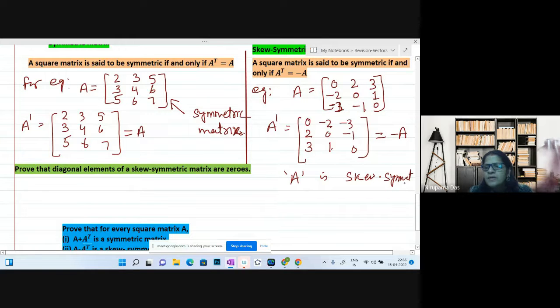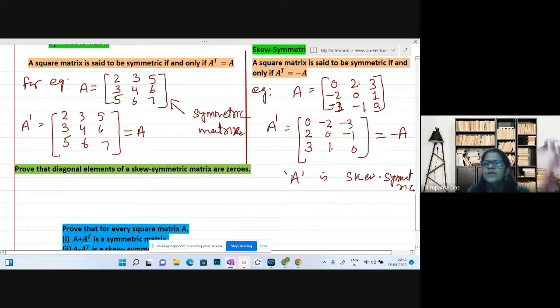So a square matrix is skew-symmetric if the transpose of the matrix equals the negative of the matrix itself. One more thing you can observe here: whenever we take any skew-symmetric matrix, the diagonal elements are zeros. Second, you can observe 2, 3, 1 here and minus 2, minus 3, minus 1 there.